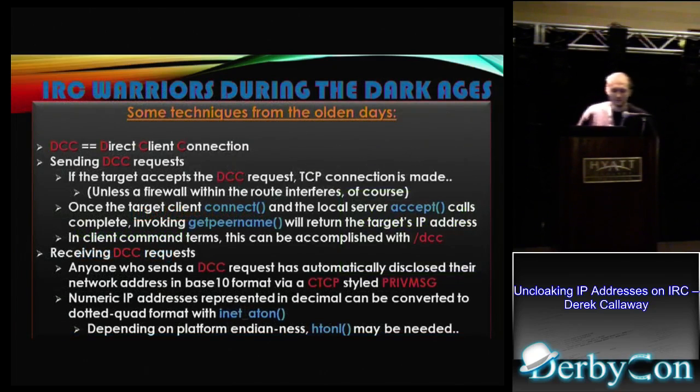So I just wanted to talk a little bit about the history of IRC vulnerabilities, attacks, that sort of thing. Before Sean Fanning wrote Napster, people were trading a lot of warez on IRC, so DCC was the big thing.